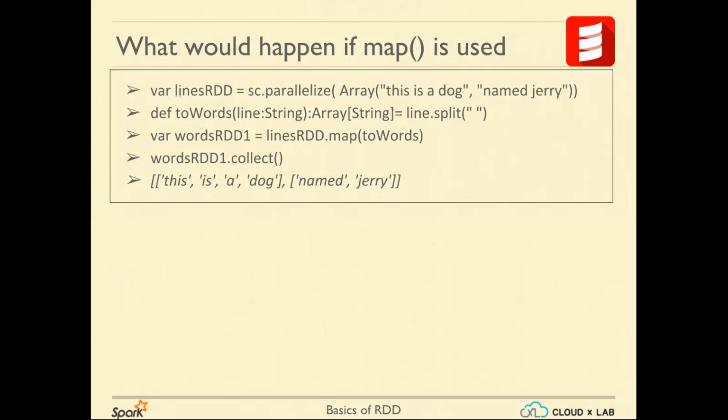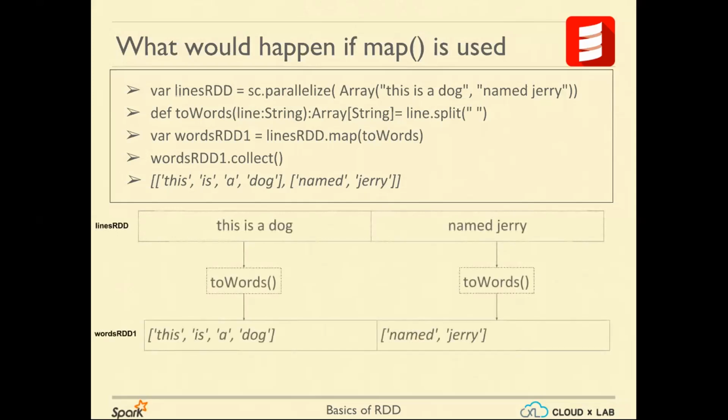If there are n records in the input RDD, there will be exactly the same number of records in the resulting RDD. So this is what happened when we used map. There are a total of two records instead of 6 records, and each record is of type array, right?